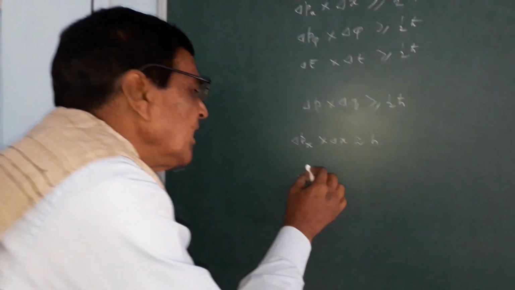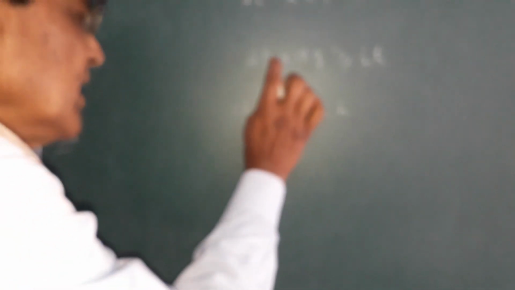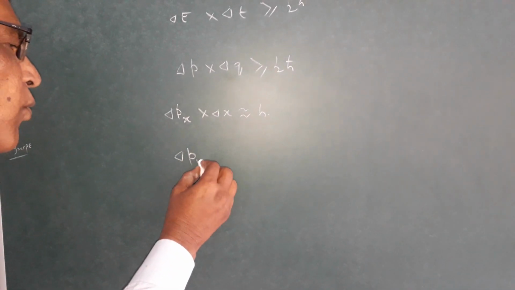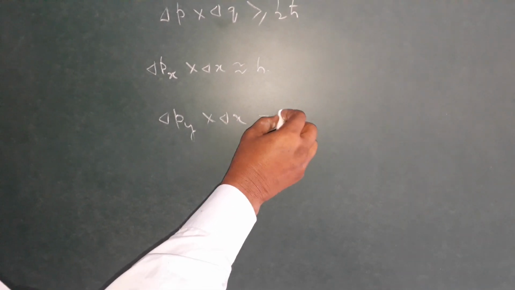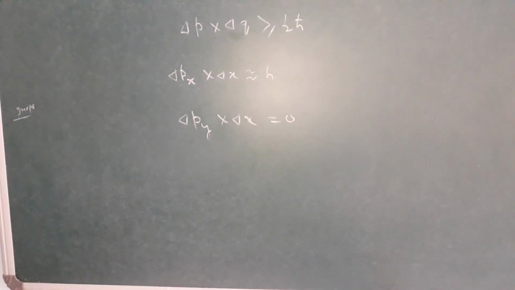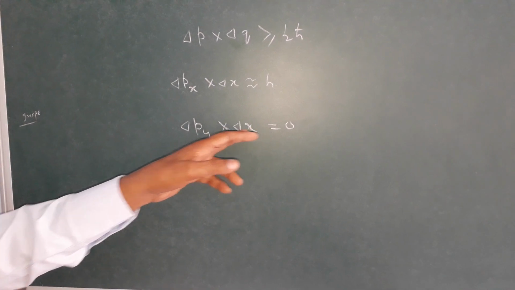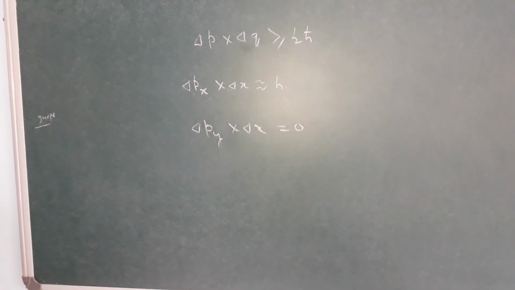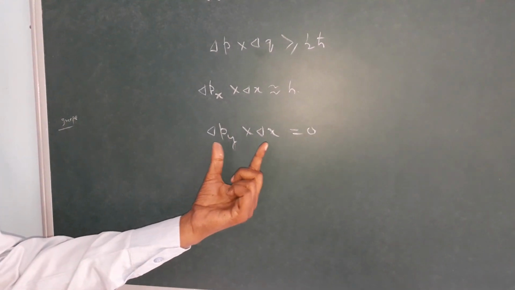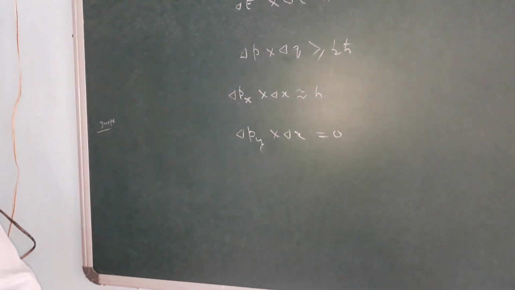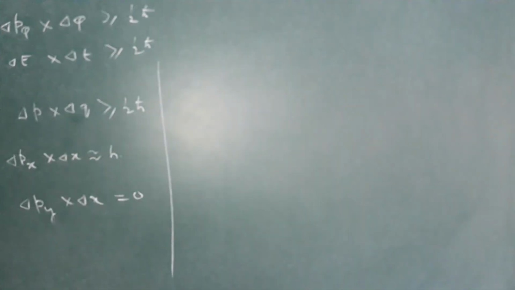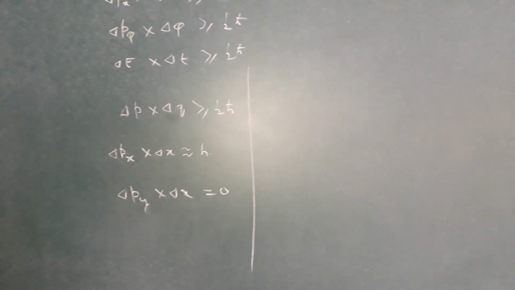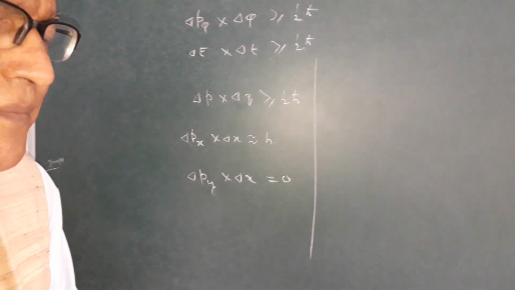Say del p y into del x will be equal to 0. Means both x and p y could be determined accurately, with uncertainty 0. We can approximately formulate the Heisenberg uncertainty principle.